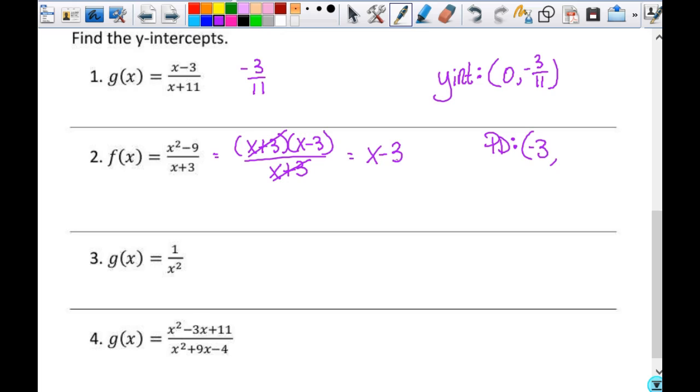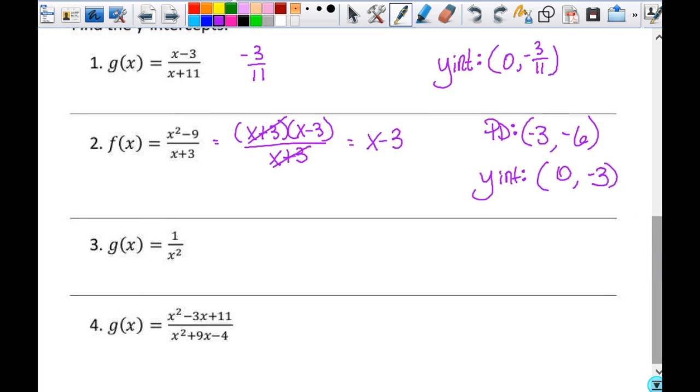So to finish off my point discontinuity, negative 3 minus 3 gives me negative 6. So there's the missing point. My y-intercept is going to be 0, what? Negative 3. All right, y'all have been finding intercepts forever. Okay. Do the next 2.